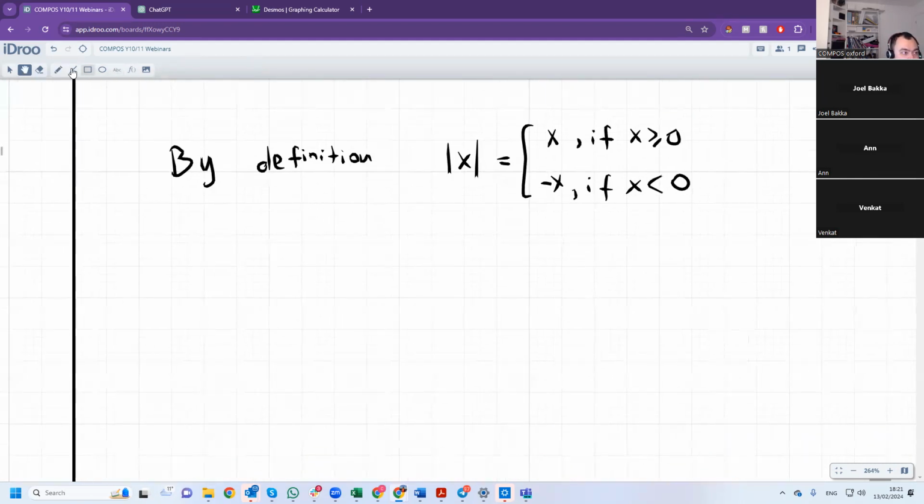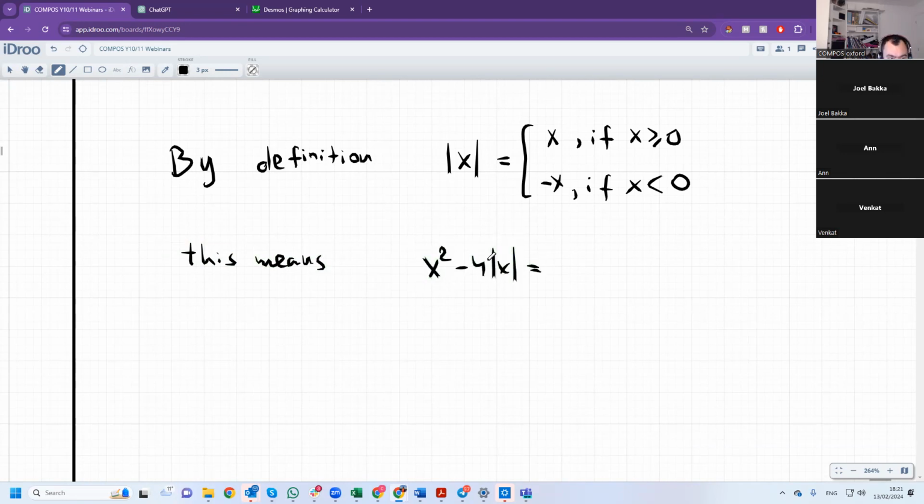So if you were to draw the graph, this means that x squared minus 4 modulus x is either equal to x squared minus 4x in case x is positive, or it's equal to x squared plus 4x if x is negative.